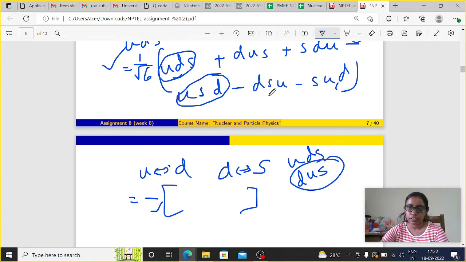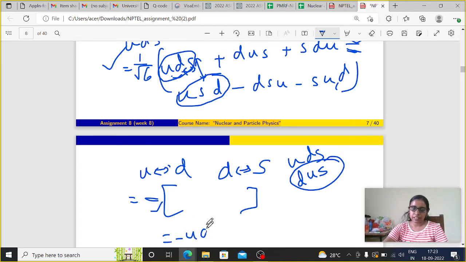DUS is, like each and every term, once at a time. Okay, I forgot to tell about that. Once at a time, like UDS, here D will be replaced by S and S will be replaced by D. That means this term will be there. But as there is a minus sign in the previous one, so that means as a whole there will be a minus sign in the final result. That means minus of this one.